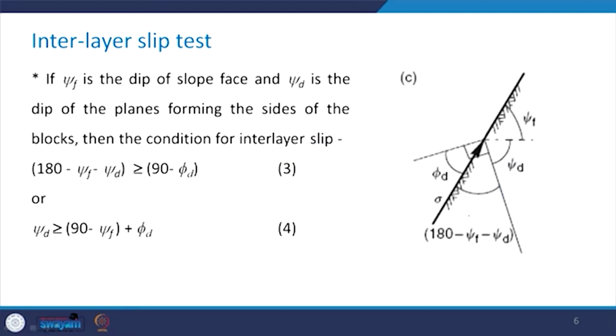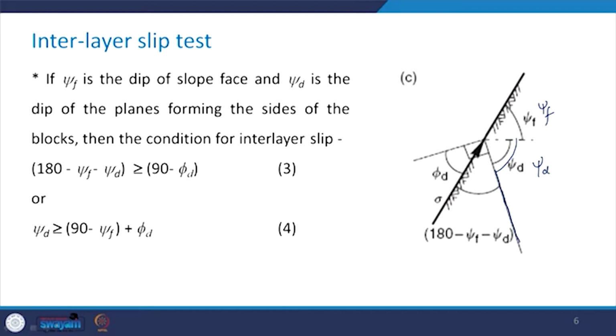If psi f is the dip of the slope face, as shown in this figure, and psi d is the dip of the plane forming the sides of the block. So, you have seen that there were blocks, this is the side of the block, and this angle is psi d.